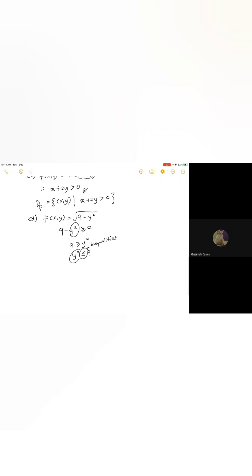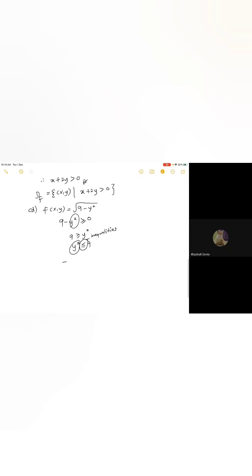So bila inequalities less than, you nak buka the square, dia mestilah jadi negatif punca kuasa 9 lebih kecil y lebih kecil punca kuasa 9, which is negative 3 less than or equals to y less than or equals to 3. So this is your answer.